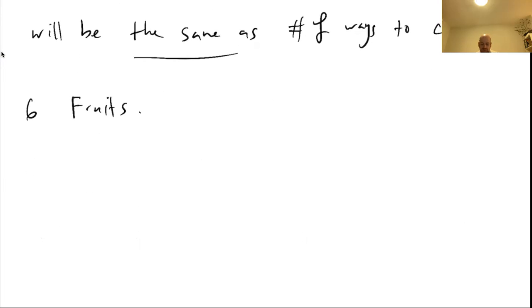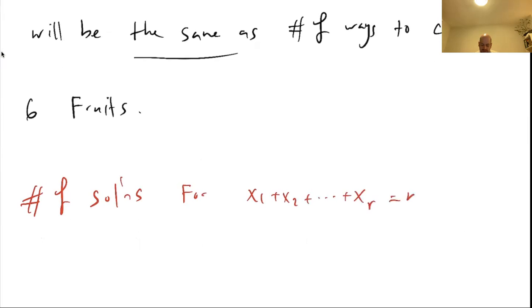Okay, now let's look at the number of solutions for x1 plus x2, let's say plus xr equals n.